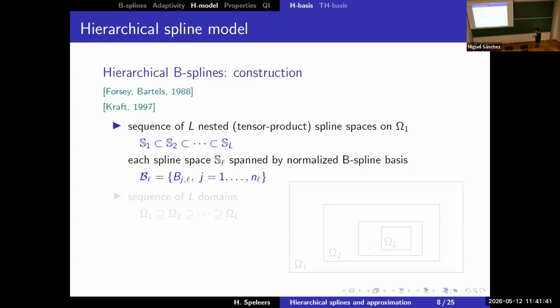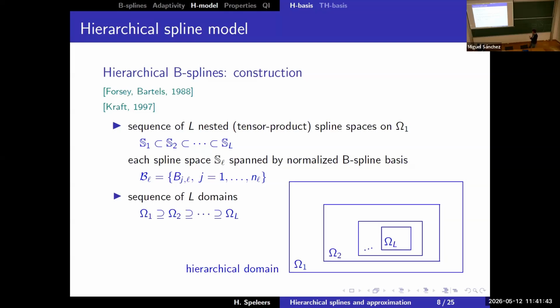And then the second ingredient is that you must be able to tell where you want to activate some of the spaces. So we define a sequence of domains, omega 1 up to omega L, which are again nested, but in the other direction, where we would like to activate the space S_L in the region omega L. And basically the only requirement is that these things are nested.